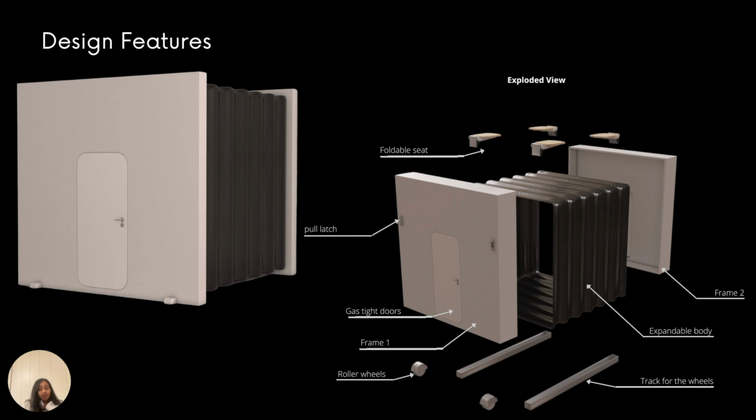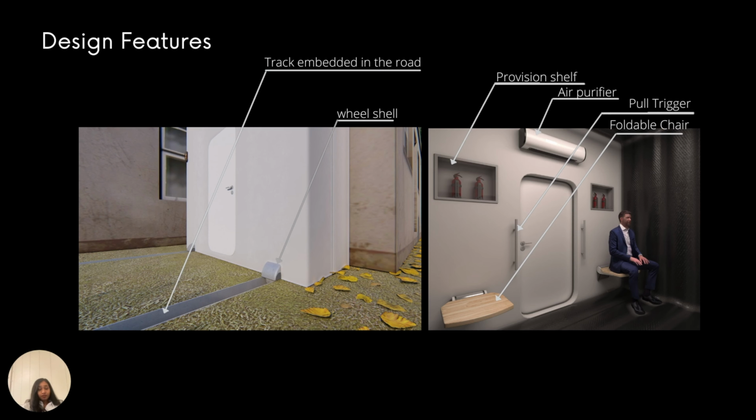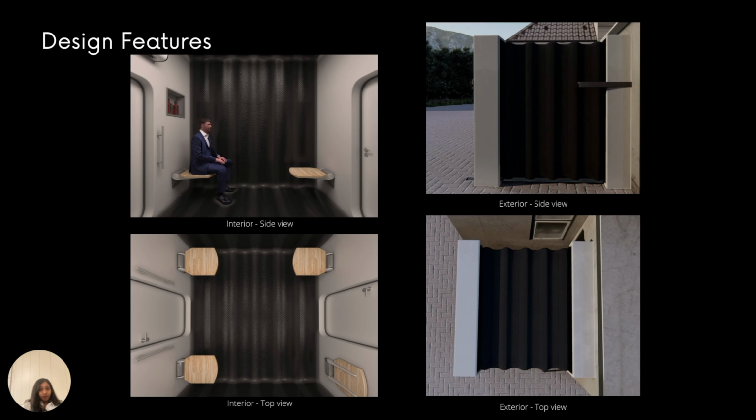Here's the 3D model, which explains the various design features in the shelter, and this is the exploded view. This is a close-up shot of the track and the wheel, and also the inside interior shot. It shows the foldable chair, pull trigger, air purifier, and also the provision shelf.